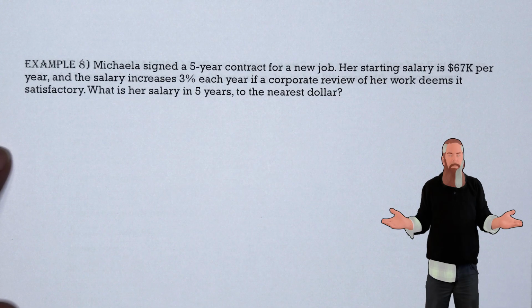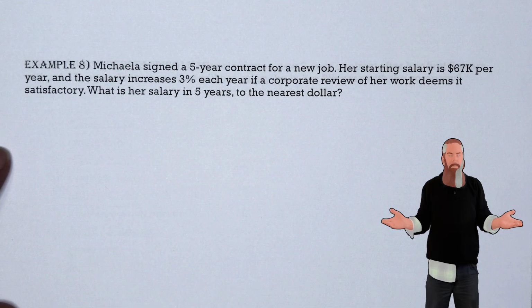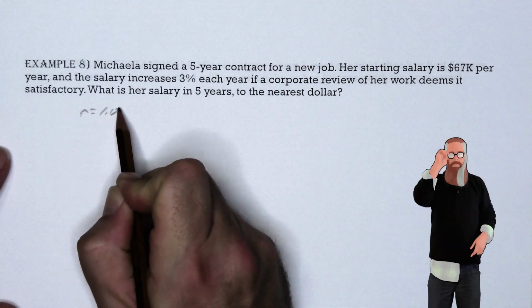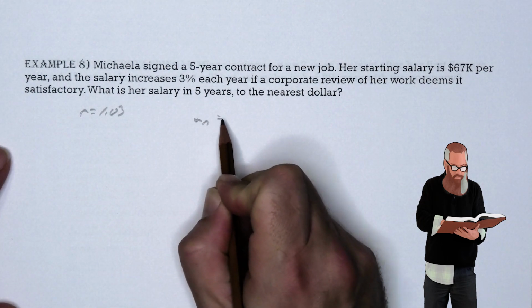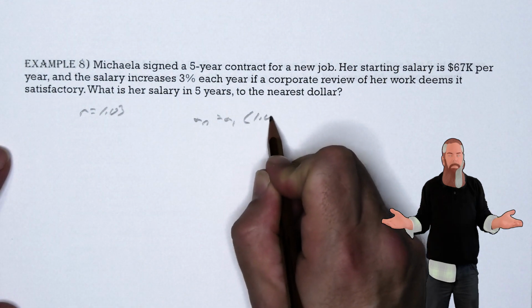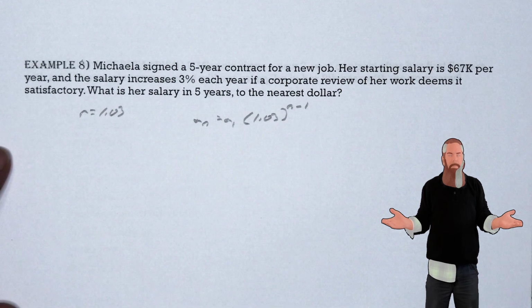This is an example of a geometric series with the first term being 67,000 and a common ratio of 1.03. See, her rate of increase is 1.03, so we can say that A sub n would be equal to A sub 1 times 1.03 to the n minus 1 power.